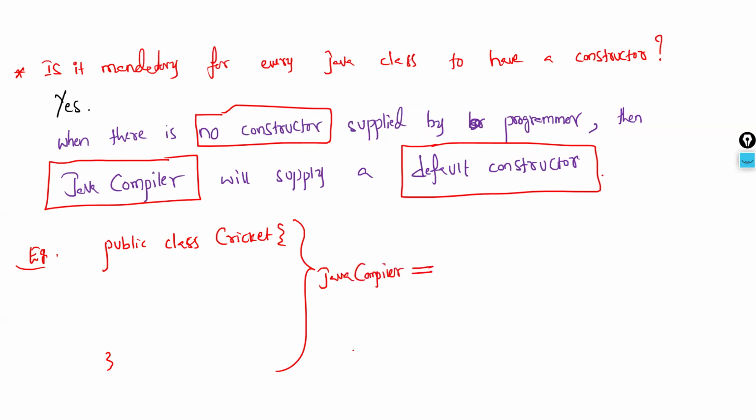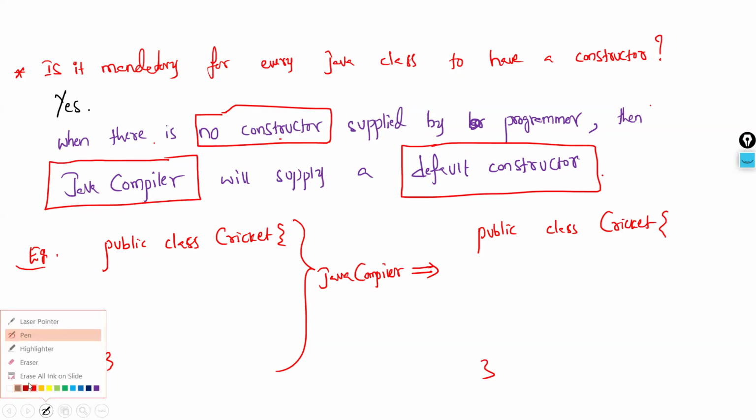When there is no constructor supplied by the programmer, the Java compiler will supply a default constructor. So in the same class, public class Cricket, inside this, what will the compiler add? A default constructor. What is the constructor syntax?